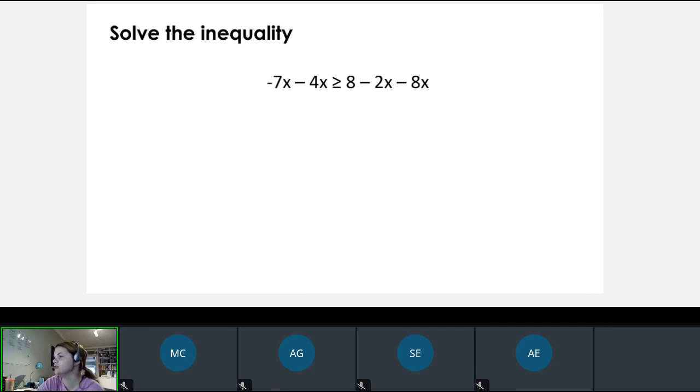Alrighty, let's go ahead and try this one. The first thing I want you to do is combine the like terms on the left-hand side of your inequality, and then same thing with these x values on the right. I'm going to give you a second to do that on your own.